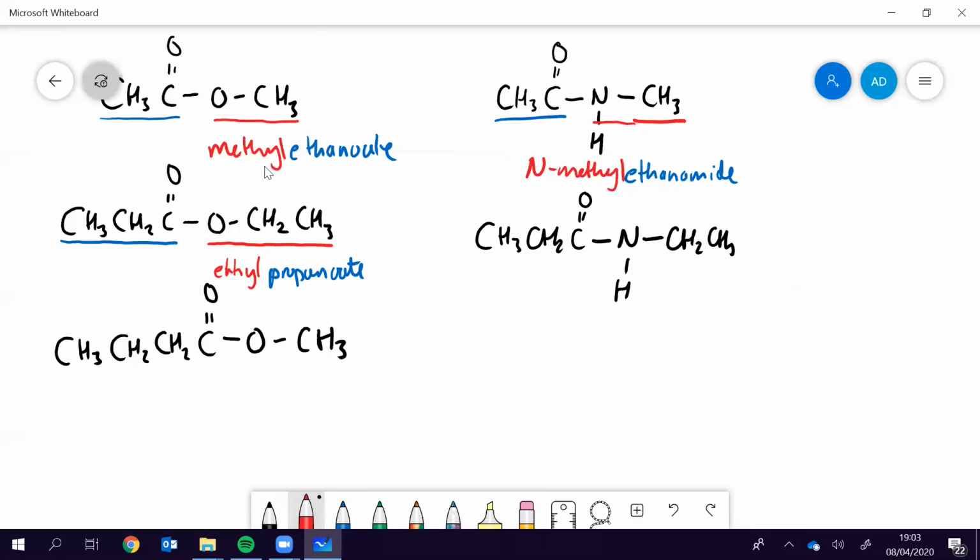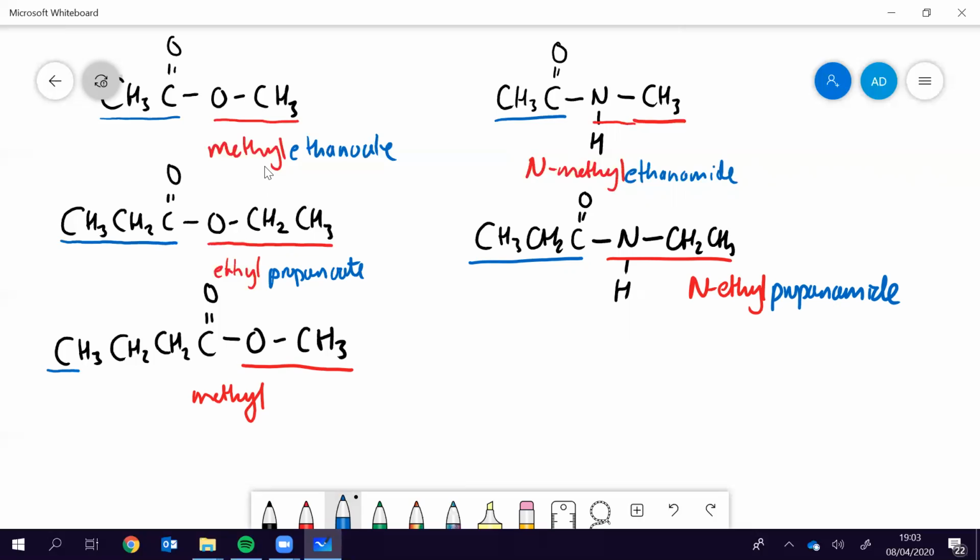And what would we call this one? Well, you'd call this one N-ethyl this time. And the amide, if you like, is propanamide. So N-ethyl propanamide. This one here. Okay, so we've got methyl this time. And the carboxylic acid, or the acyl chloride, is butanoic acid, or butanoyl chloride, so methyl butanoate.